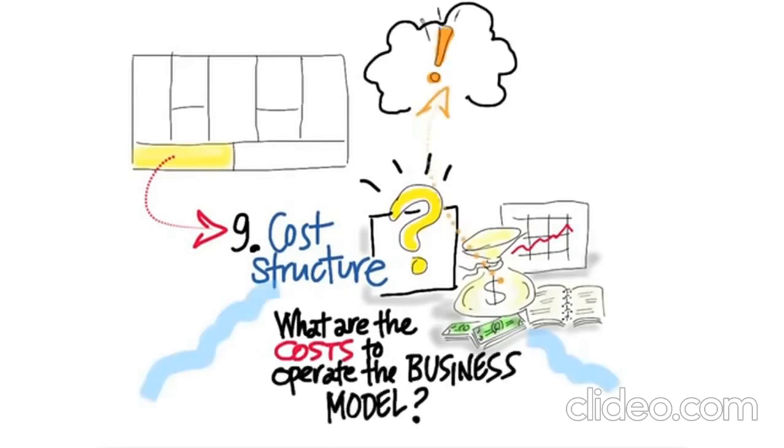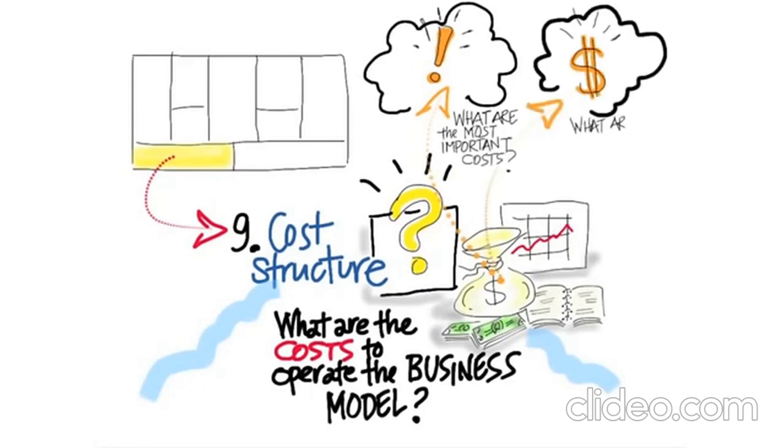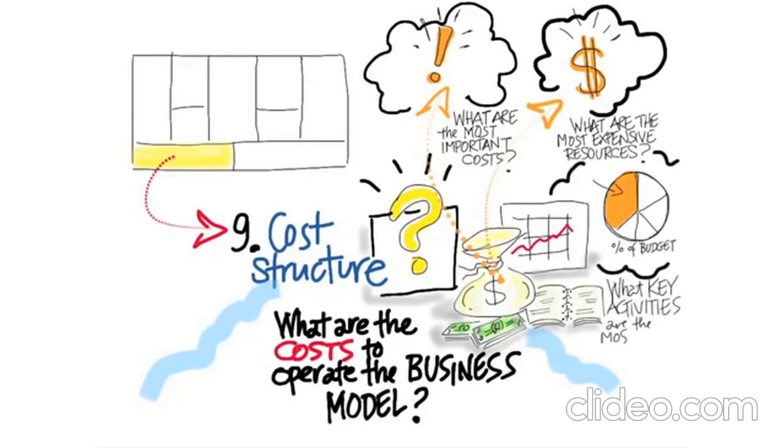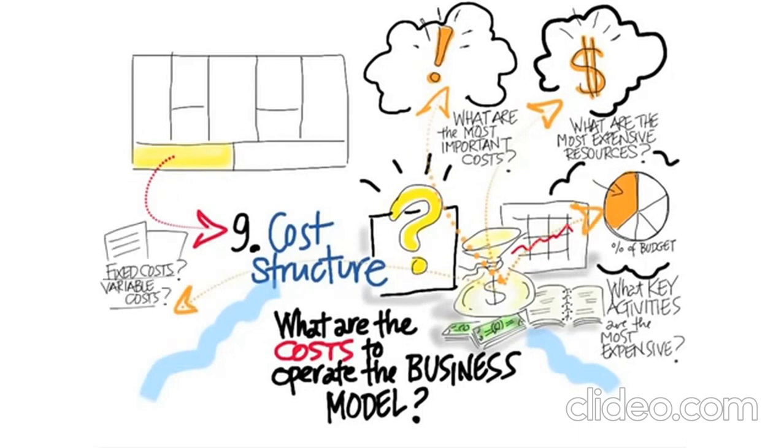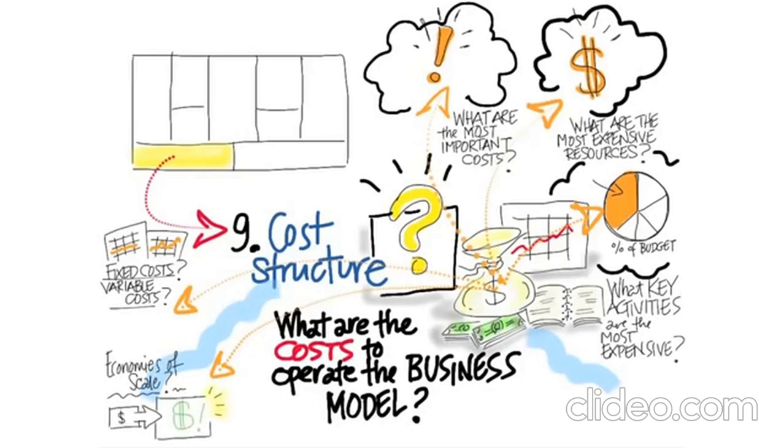And so you want to think about what are the most important costs you need to worry about? What are the most expensive resources you're going to need to pay for? And what key activities are the most expensive? And then you want to ask the typical accounting things, what are fixed costs? What are variable costs? Are there economies of scale? And you want to start getting a good handle on what it is that will end up costing you money to run your business.